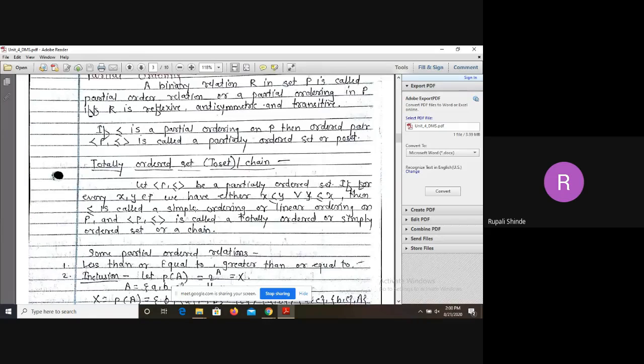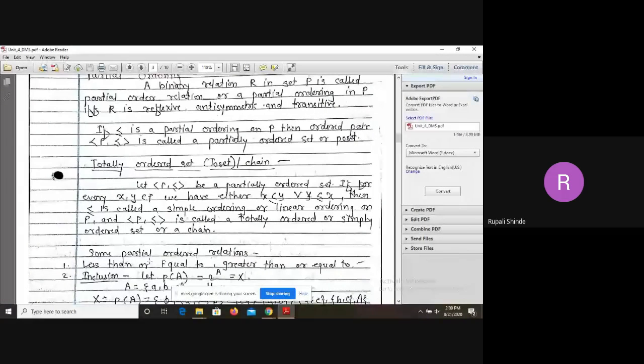That means these two elements x and y are related to each other. Now consider the first case where x is less than or equal to y. Here we can say that these two elements x and y are related to each other, and these two elements form a chain. That's why this one is called a toset, totally ordered set.